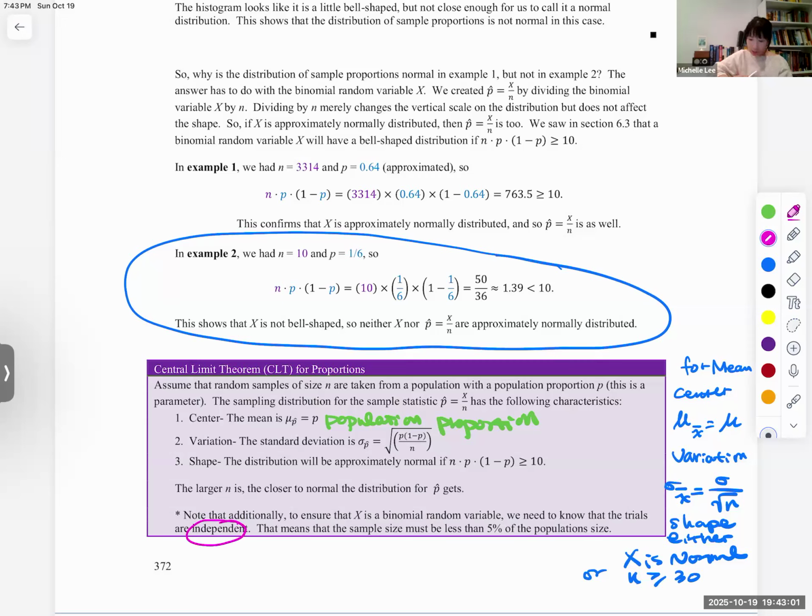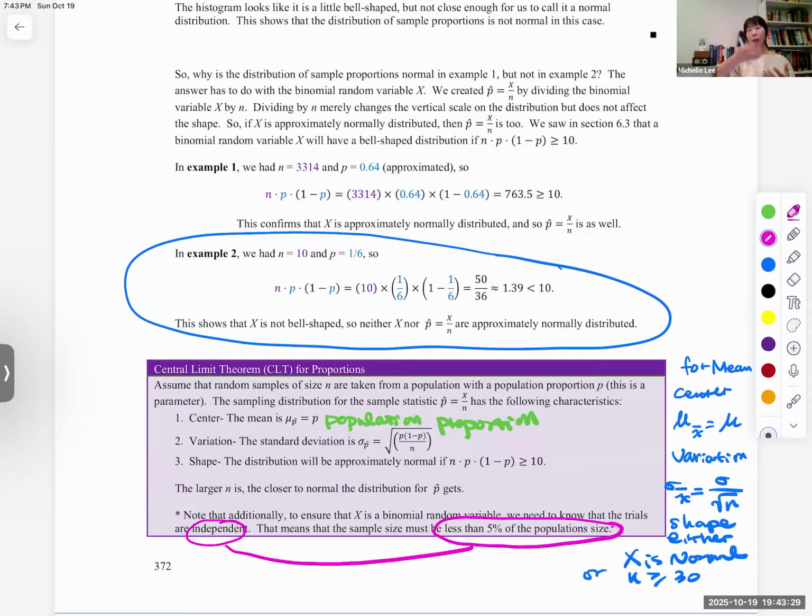That means the sample size must be less than 5% of the population. Earlier, independent meant the outcome of A does not affect the outcome of B, right? Now we talk about the trials being independent.